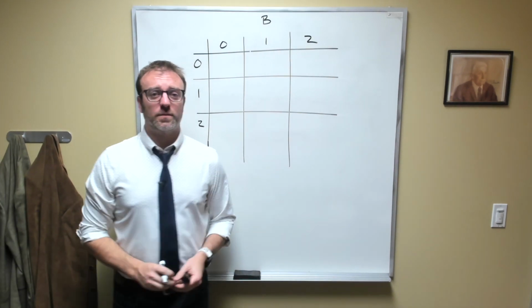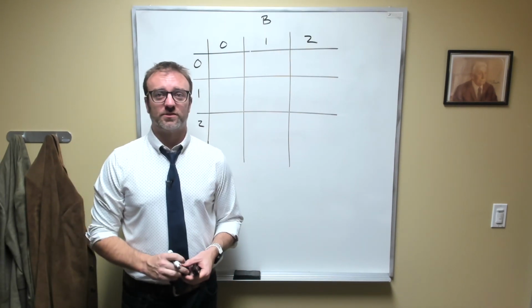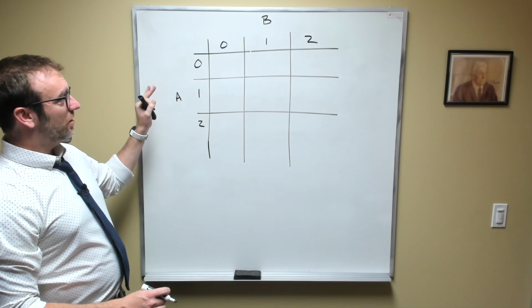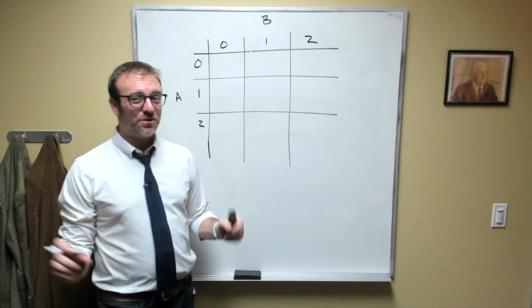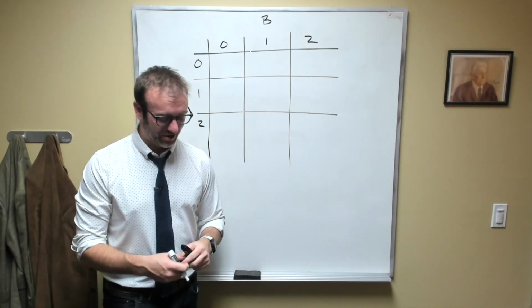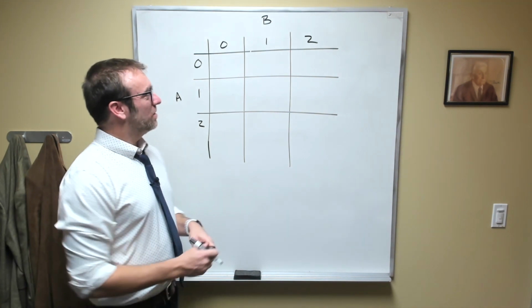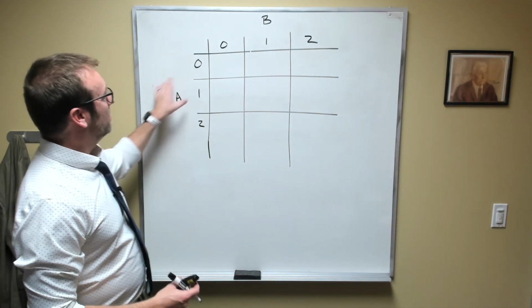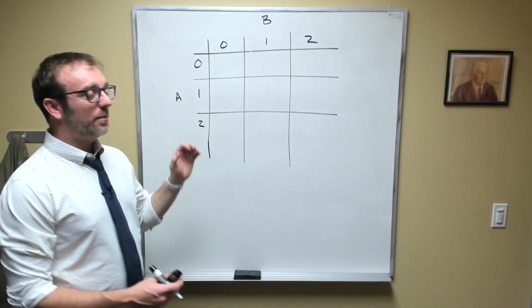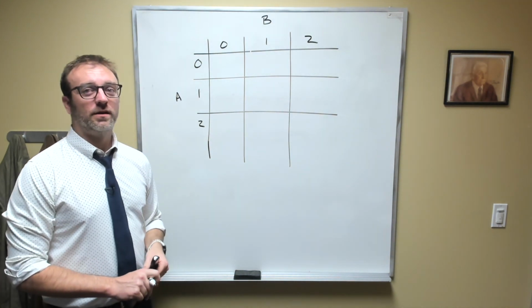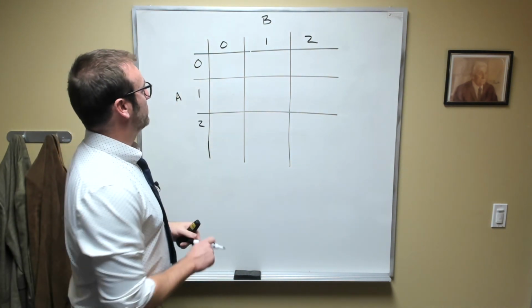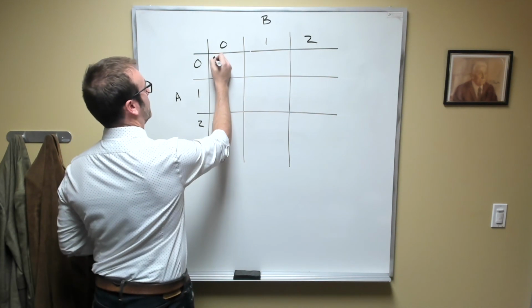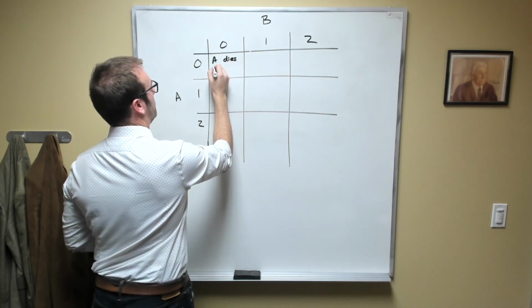So let's think about the options that these people face. Now I've drawn a 3 by 3 matrix, so we're going beyond the 2 by 2 of normal economics here. I've drawn a 3 by 3 matrix detailing A and B and how many doctors they get. Okay? Now, if nobody gets a doctor, then A dies and B dies.